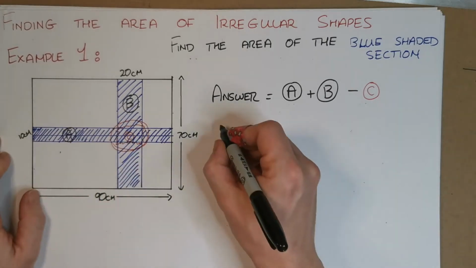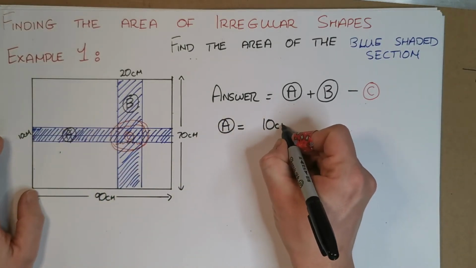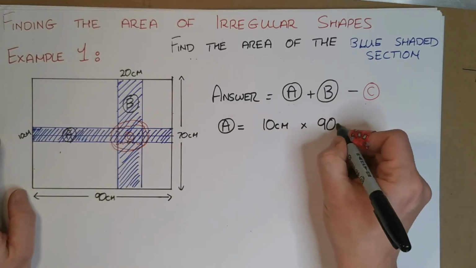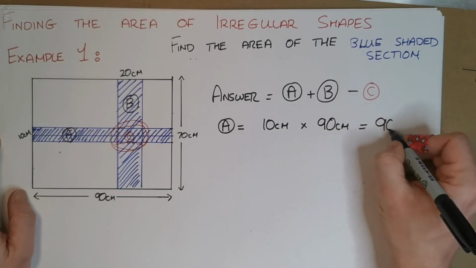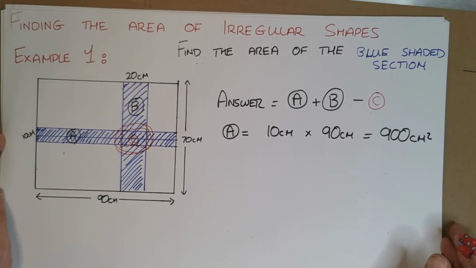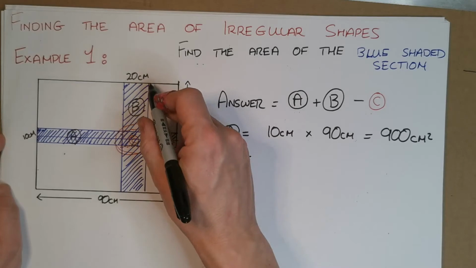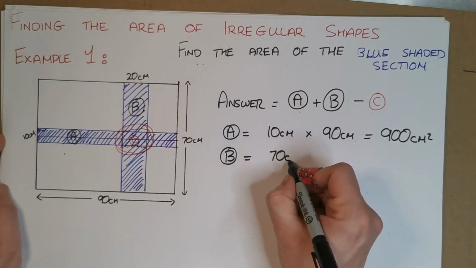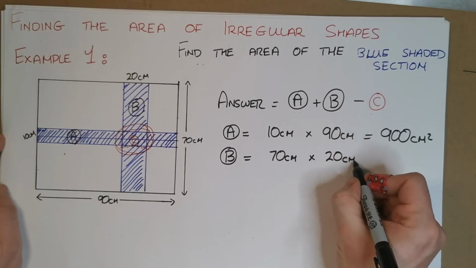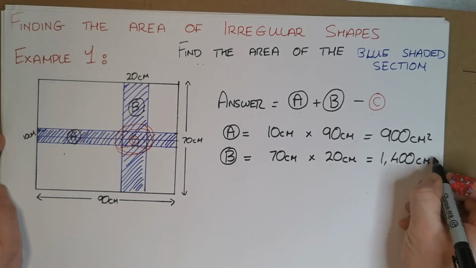So let's get A first. A has a width of 10 centimeters and a length of 90. That gives us 900 centimeters squared, and we always have to remember our units. Then the strip at B has a full length of 70 and a width of 20, so that's 1,400 centimeters squared.